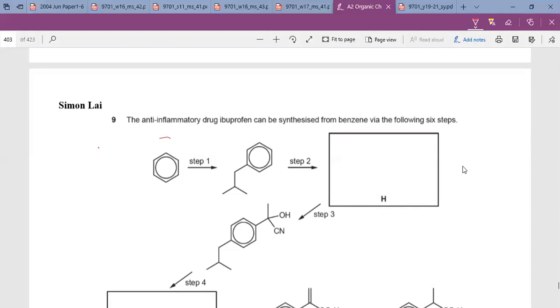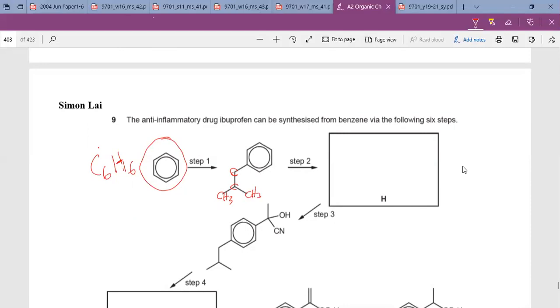From here, what is this? It's a benzene. You must open your eyes. C6H6. This is your skeletal diagram. You must know what this whole thing is about. It's a C, it's a C, a CH3.